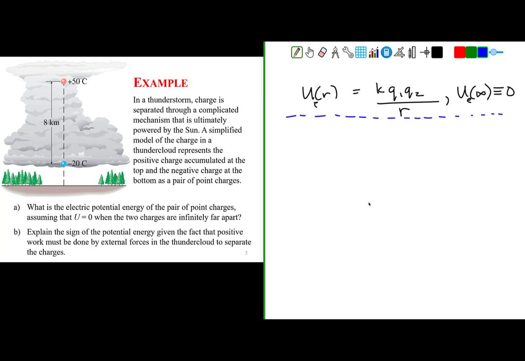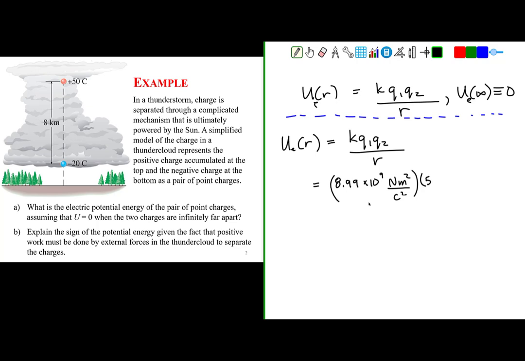Now we are able to write down the solution to this problem. The electric potential energy between these pair of charges is equal to K Q1 Q2 over R. The Coulomb constant is 8.99 times 10 to the 9th newtons meters squared over Coulomb squared.